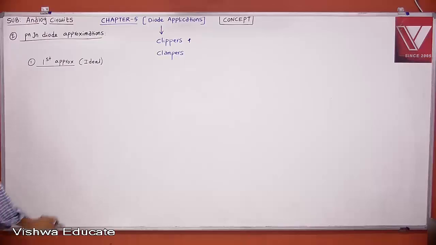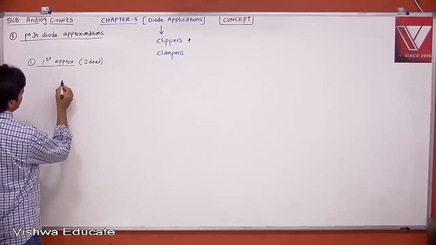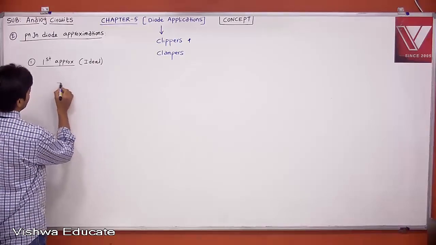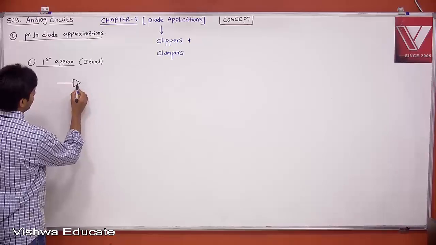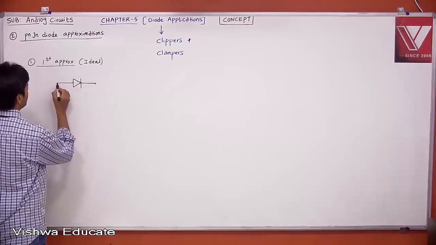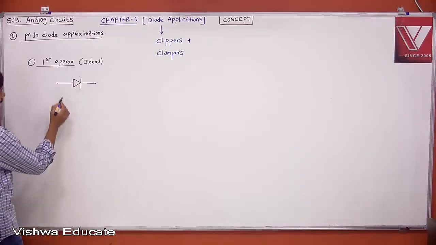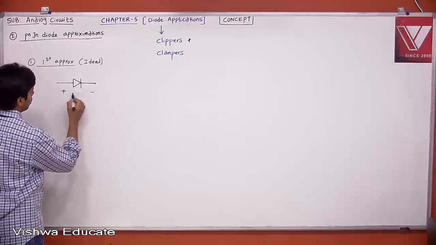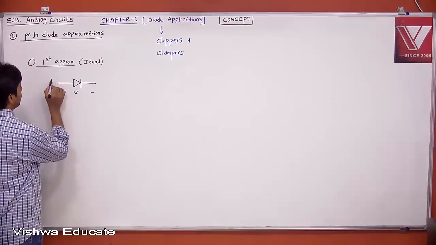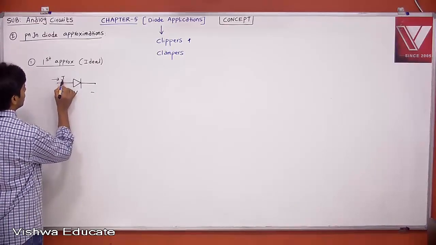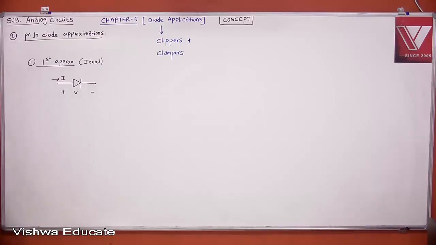What is the symbol of the PN junction diode? This is the symbol. Let us say this is the voltage across the PN junction diode, and this is the current through it.